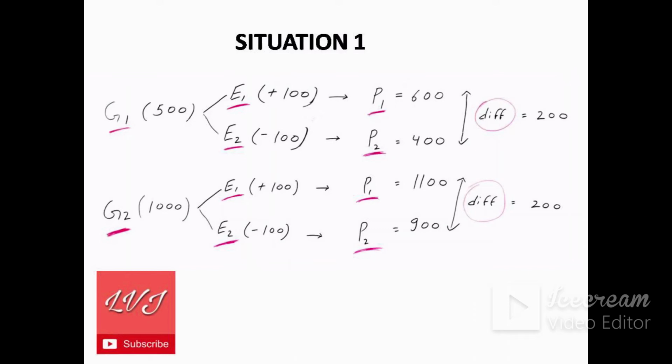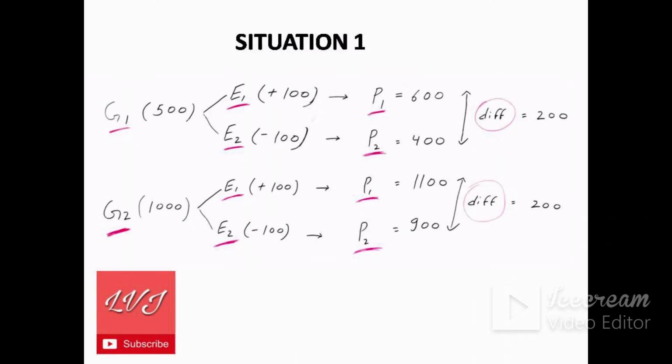For the genotype 1 animals in environment 2, the phenotypic value will be 500 minus 100, that will be equal to 400 kg. So the phenotypic value for the genotype 1 animals in the first environment will be 600, and in the second environment it will be 400 kg.